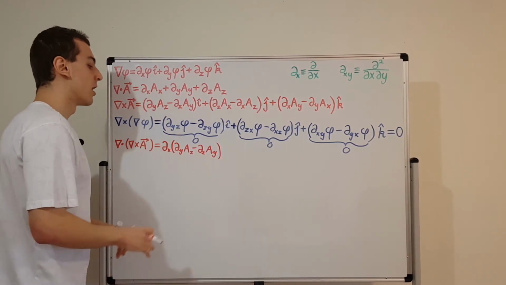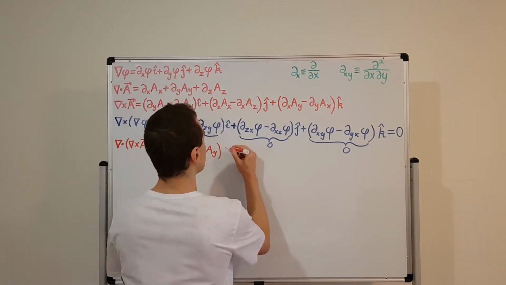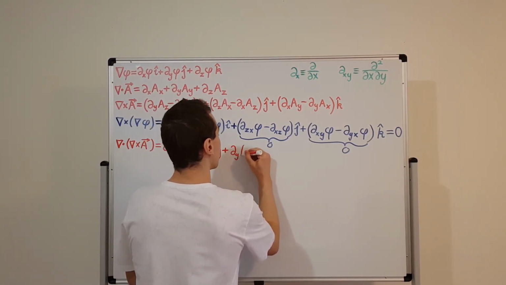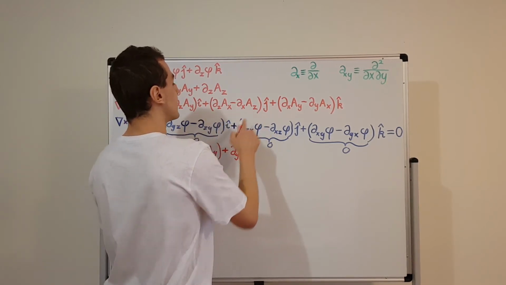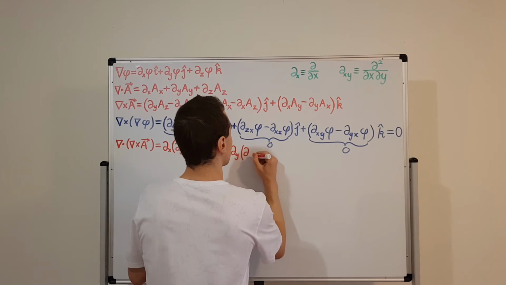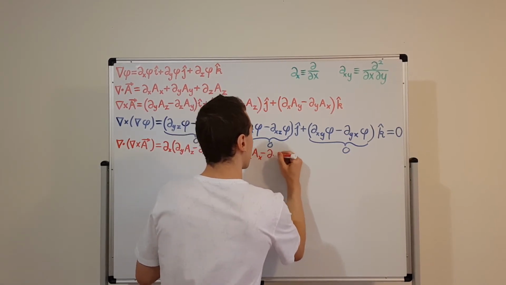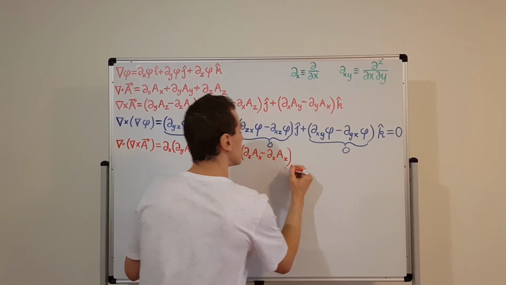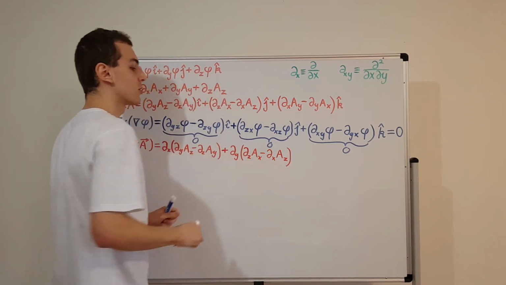Now we have to do that for the y and z components as well. We're going to differentiate with respect to y, and over here we're going to have z and then x, and then x and z. So this is the y component, which we're differentiating with respect to y.